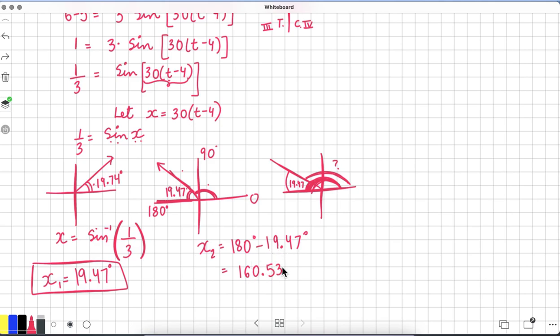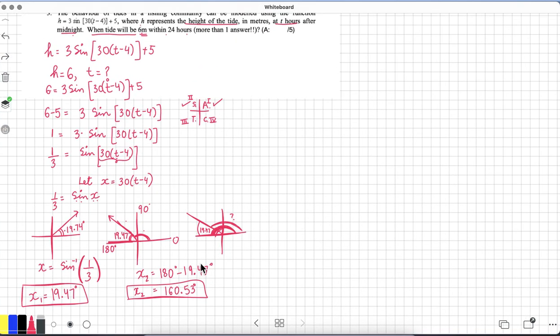But these are not the main angles, sorry, the x value. So that's not going to be the main angle, but remember, in actual we had the t variable in that. We are looking for the t value. Right now we were saying x equals 30 brackets t minus 4.